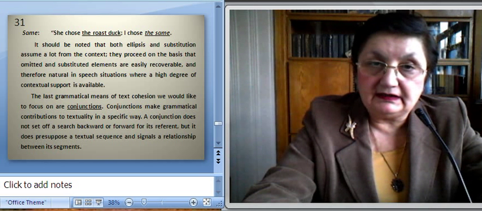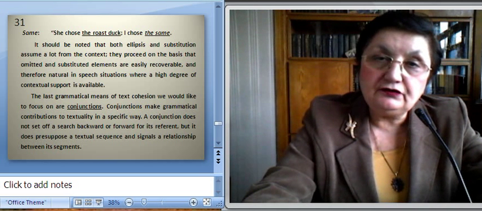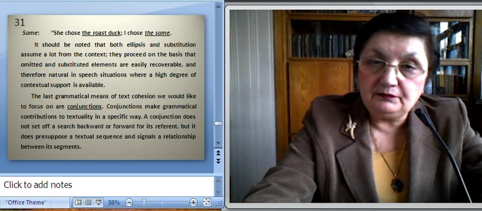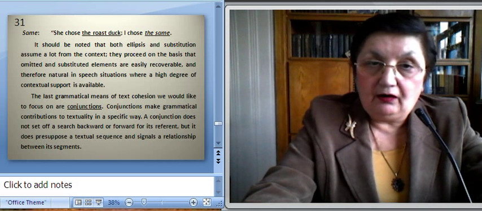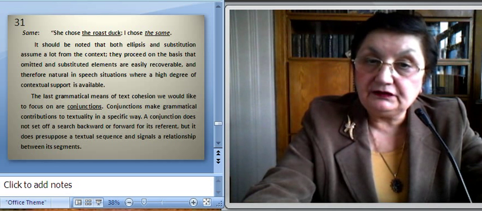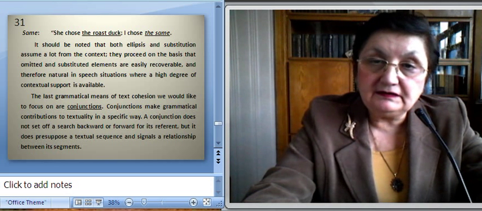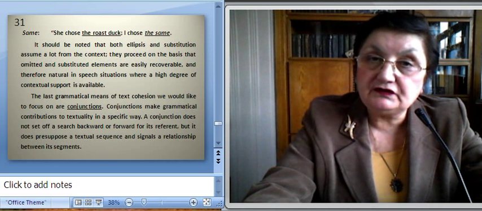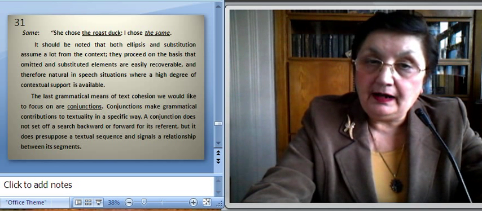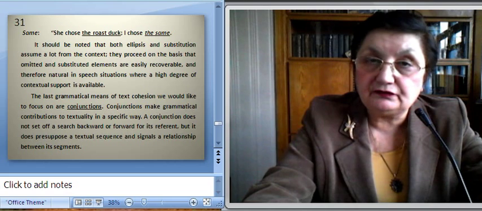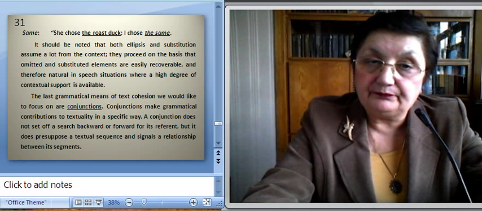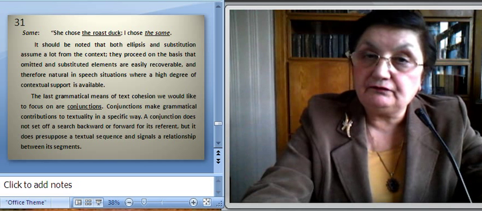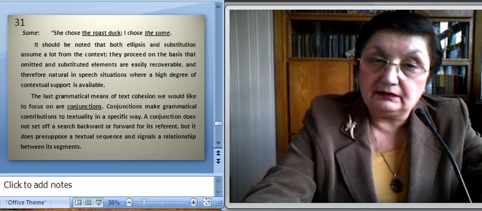The last grammatical means of text cohesion we would like to focus on are conjunctions. Conjunctions make grammatical contributions to textuality in a specific way. A conjunction does not set off a search backward or forward for its referent, but it does presuppose a textual sequence and signals a relationship between its segments.